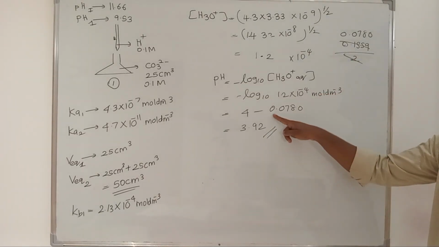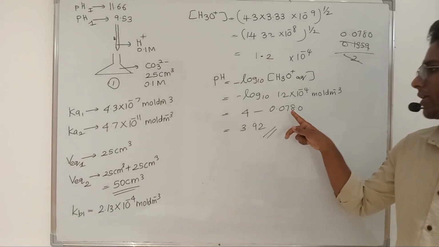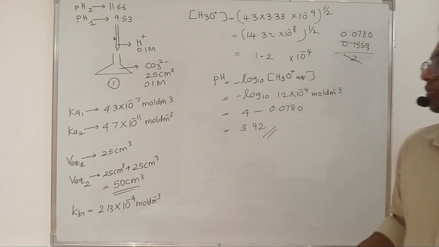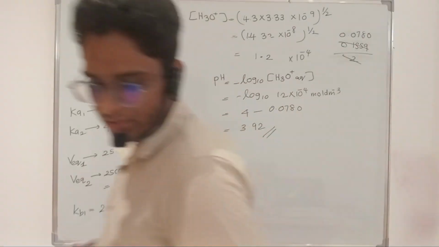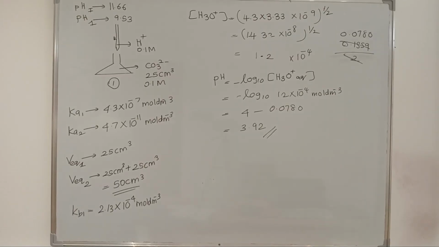I can assume it like that. So the pH at the second equivalence point is going to be 3.92. Is it clear for you all? Good.